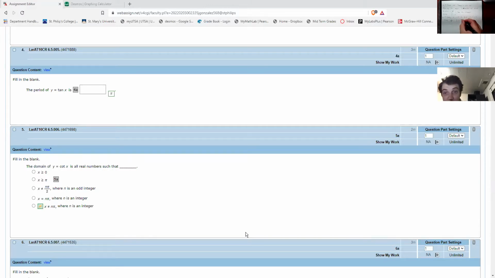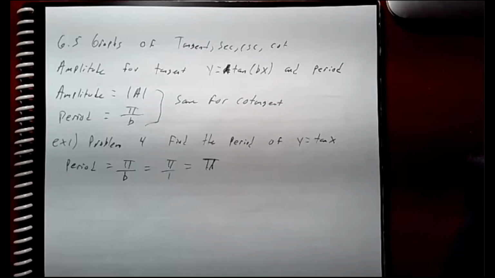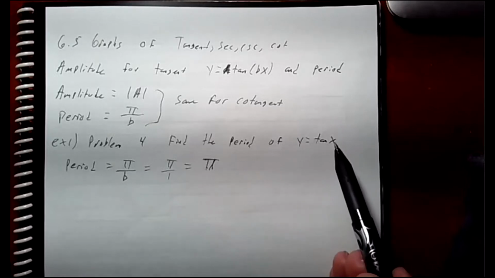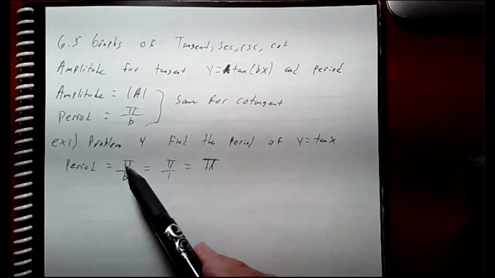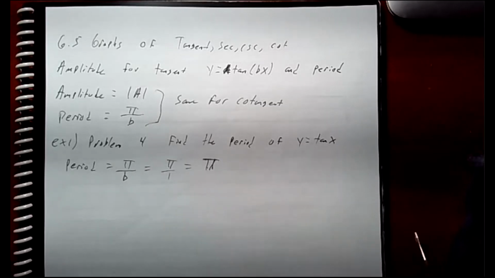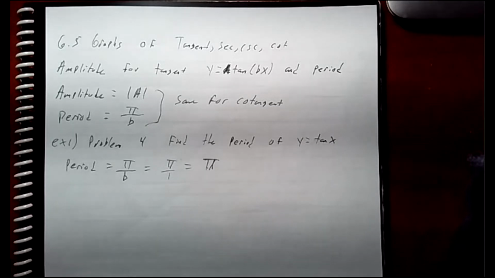In this case, b was 1. So let me switch back. Okay. So if there's no number on there, you assume it's a 1. So you just do pi over 1. That's all there is to it. Same thing for cotangent, which was number 7.